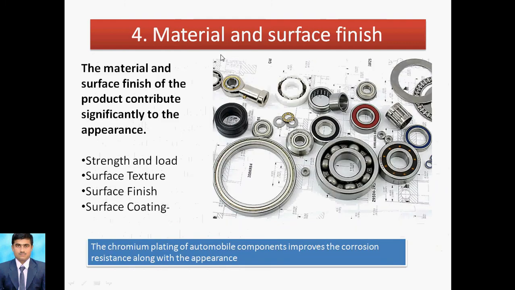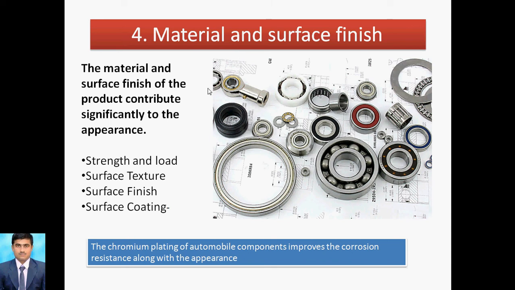The next aspect for appearance purposes is material and surface finish. As we know, materials have different characteristics, like strength, texture, finish, loading or load bearing capacity, wear resistance, and corrosion resistance. So these qualities, or characteristics, are available with material.